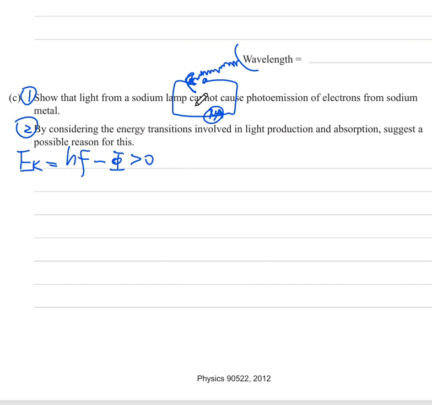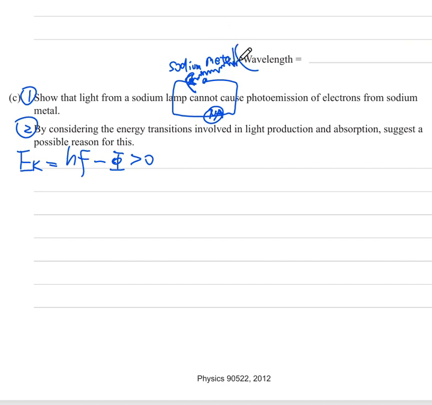So to make sure that happens, we have to make sure that hf minus phi is greater than 0. The phi is the work function of the metal. It is a property of the metal itself, in this case the sodium metal.